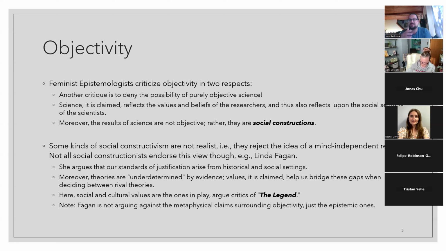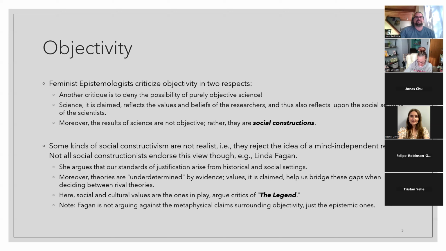And sure, it's a method that we've developed to try and make our knowledge generating efforts less susceptible to human error and human biases. But science also reflects, or is affected by, the values of the people who are practicing it. And the results of science are not objective descriptions of the world. They are merely social constructions.